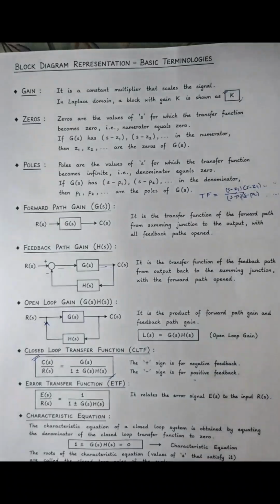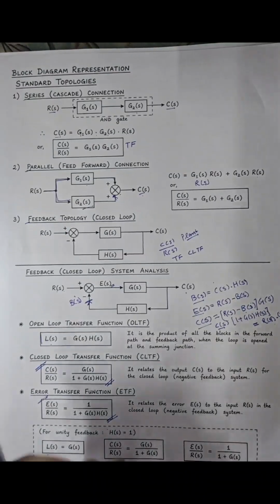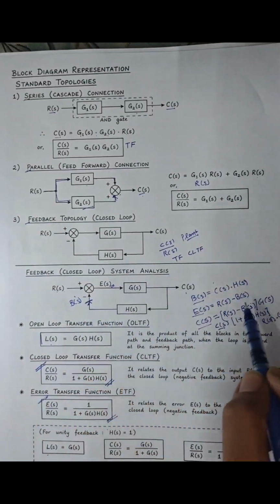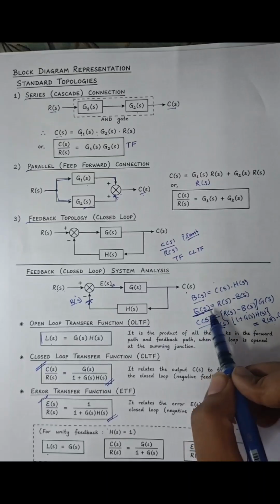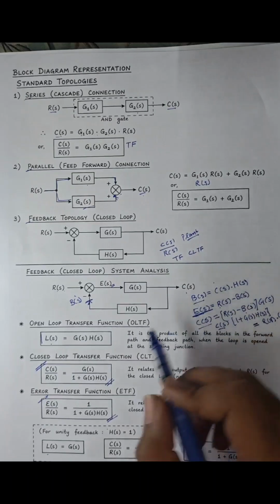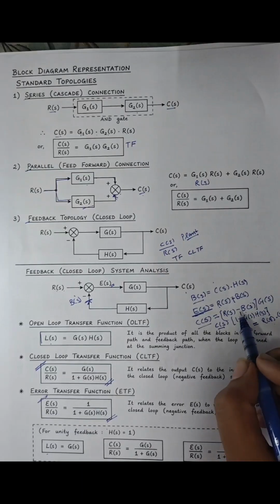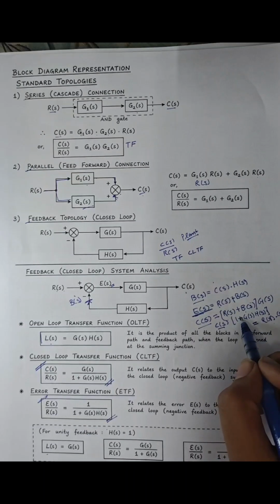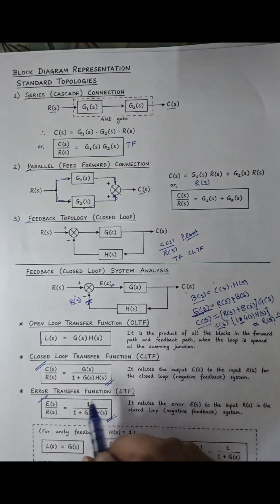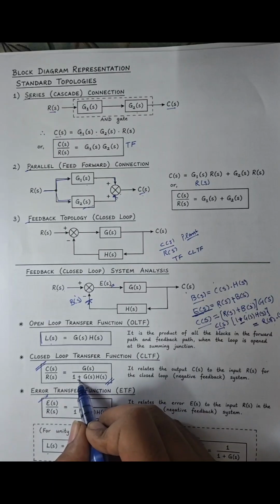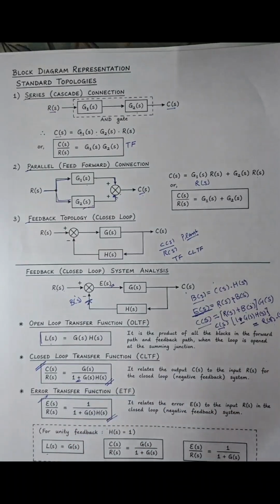In the previous part I took negative feedback, so we have the error signal R(s) minus B(s). For positive feedback, we will add it. So the equation will have the plus sign here and the minus sign here. This will give us G(s) upon 1 plus-or-minus G(s) into H(s).